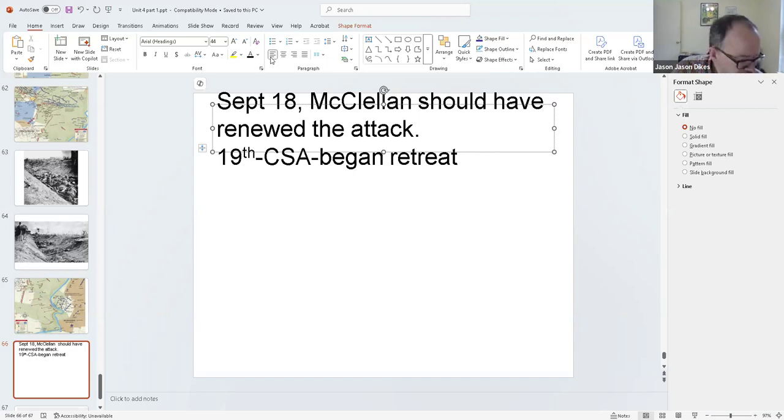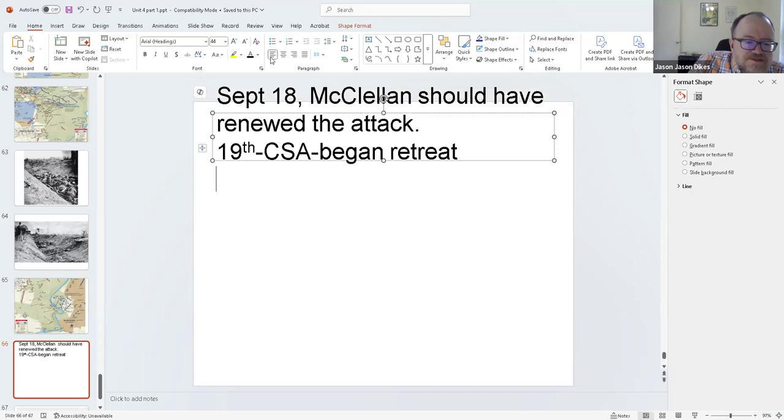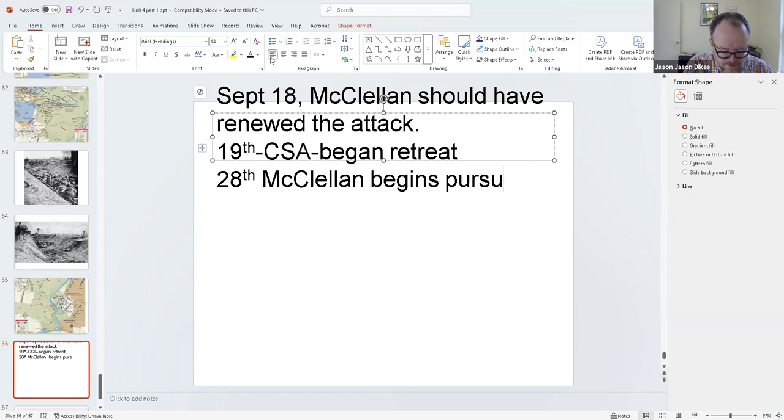It took a visit to the battlefield by the president to get McClellan to pursue Lee's army as it was retreating. The president had to go to Antietam and tell the general to get it together and start pursuing the enemy.